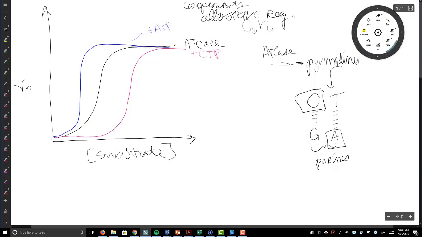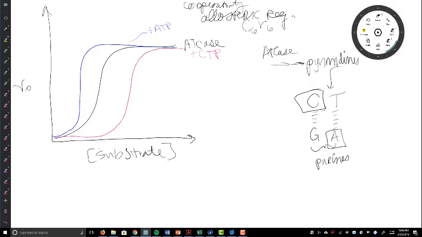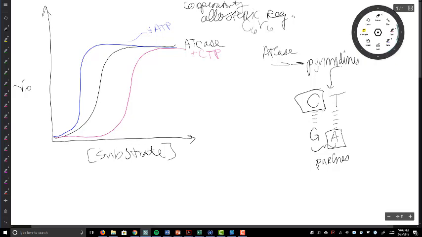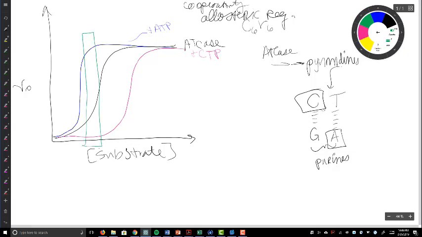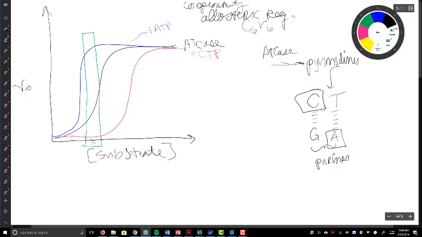Now, you may be wondering how the activity of an enzyme can be changed if we're changing the Km, not the Vmax. To illustrate this, let's take a look at one spot on the substrate concentration axis. So we'll say it's right there in that box.